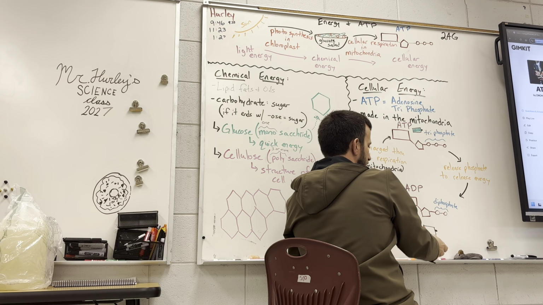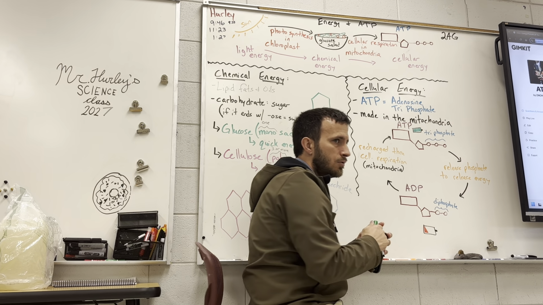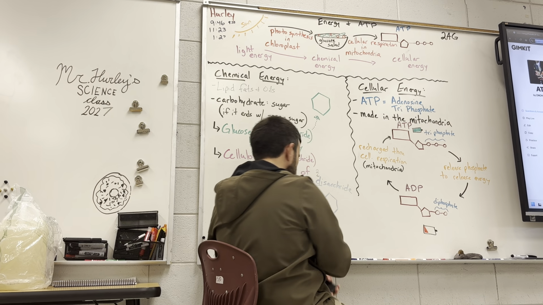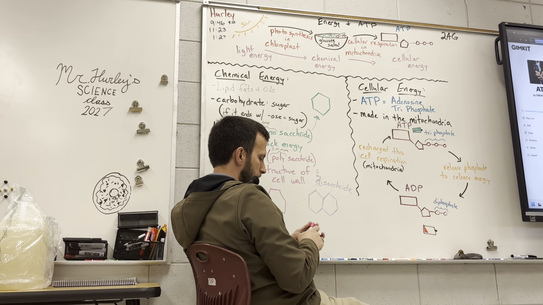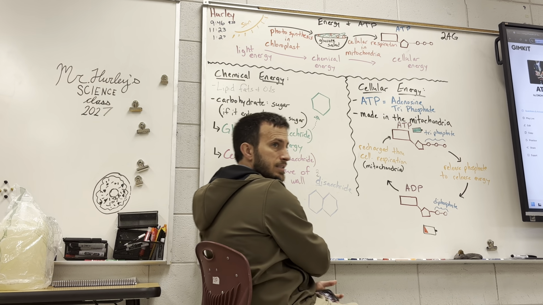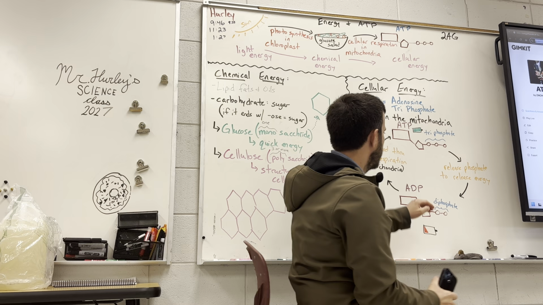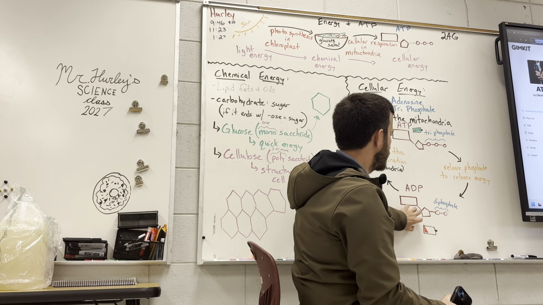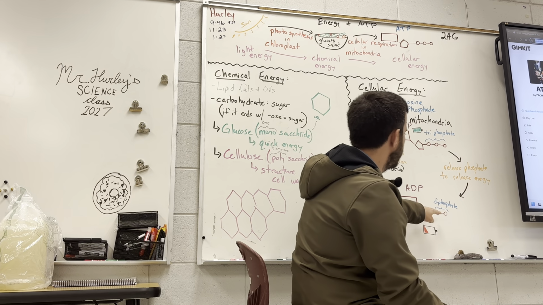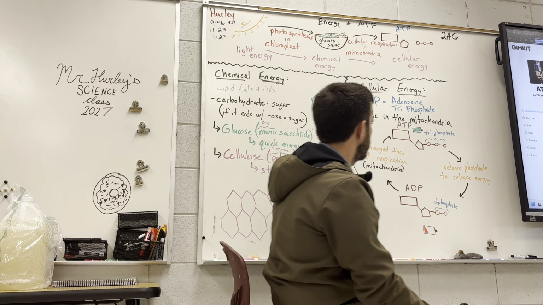When your phone dies, you do the same thing. You don't just get a new phone every time the battery dies. One, that would be wasteful and super inefficient. Two, that would create a lot of waste. The cell does the same thing. It doesn't just get rid of all these ADPs. It gets recycled. A phosphate gets pumped back on there, and now it's ATP.